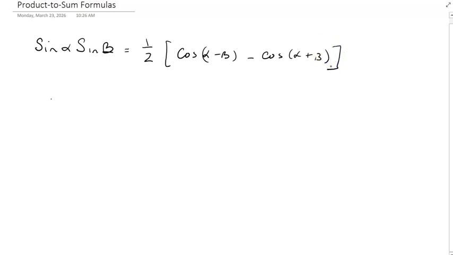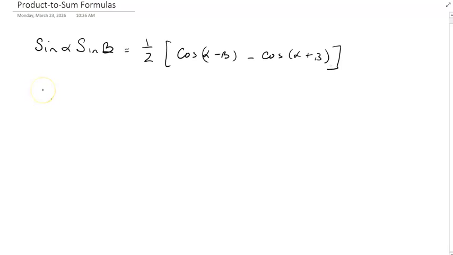Now I know it looks way more complicated than the original sine alpha times sine beta, but often when you have a product, it creates difficulties with integration and other types of operations.